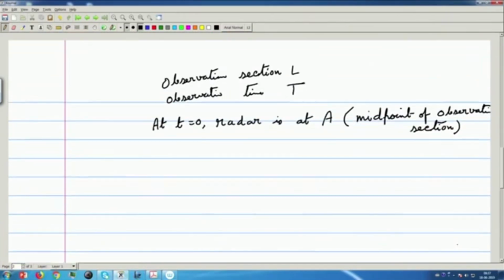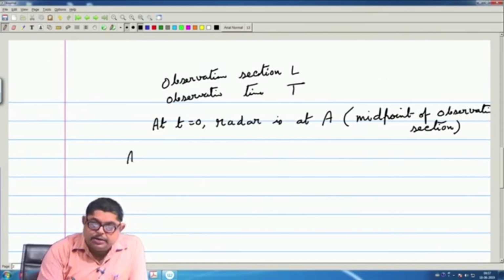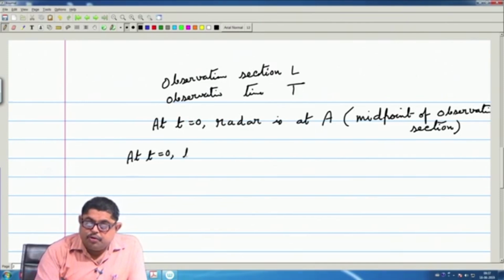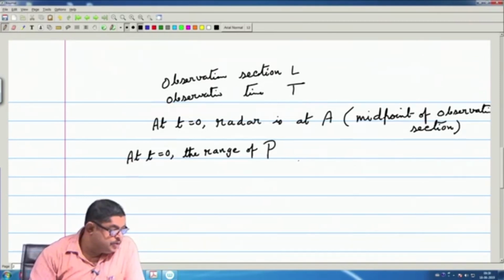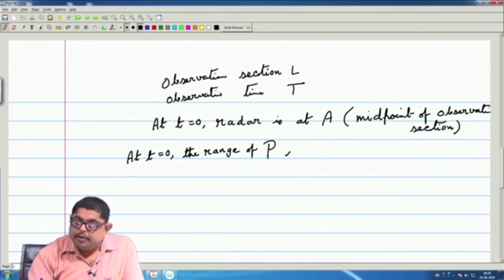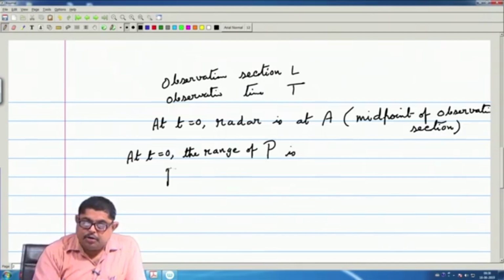So, I can say that at t is equal to 0, the range of P is R naught.